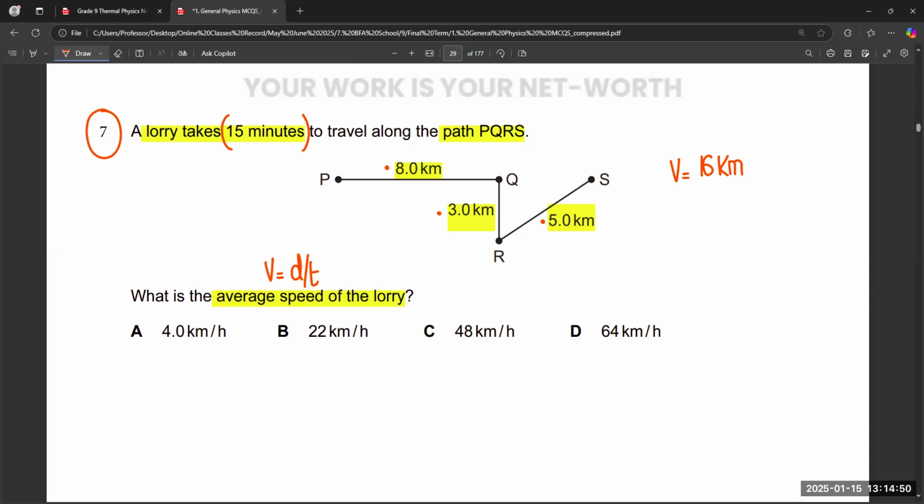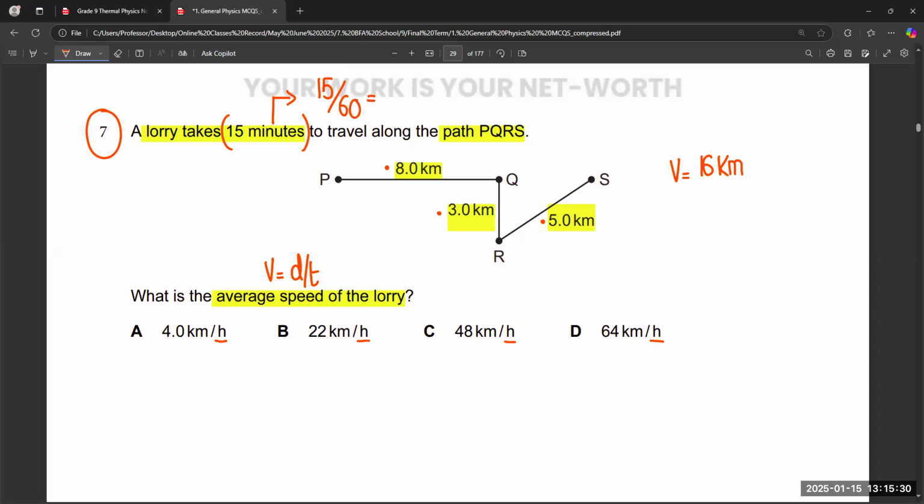Because right now time is given in minutes and in the answers you see that all are in hours. So which unit is smaller, minutes or hours? Minutes. So divide by 60. Yes. Always when we need to convert a small unit into a large one, we divide by the quantity. So it means 15 divided by 60.